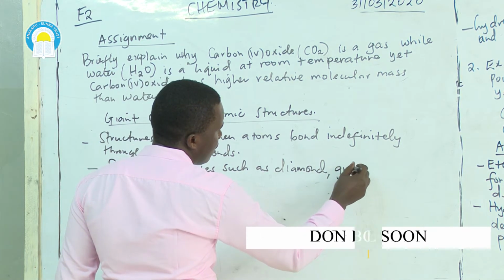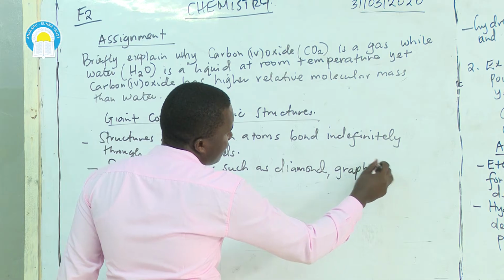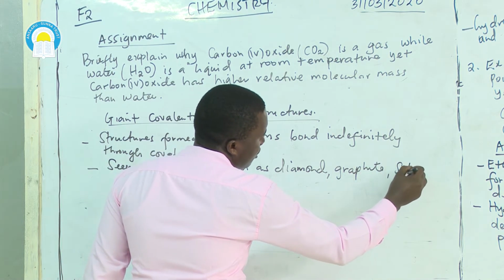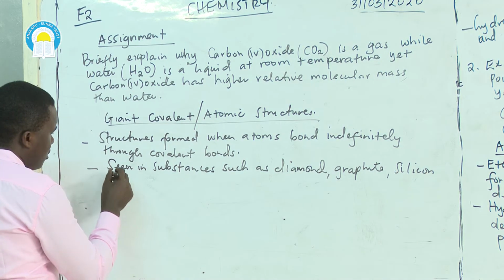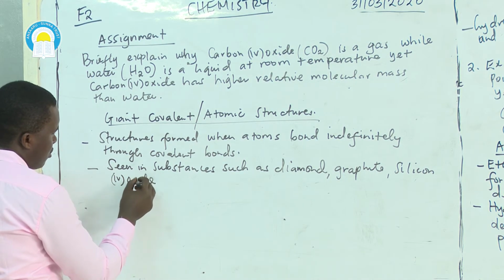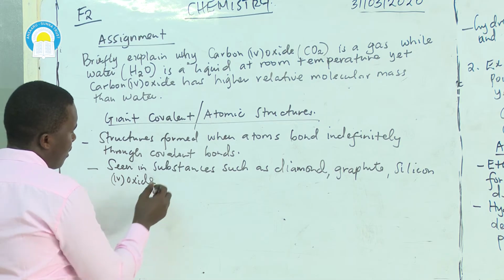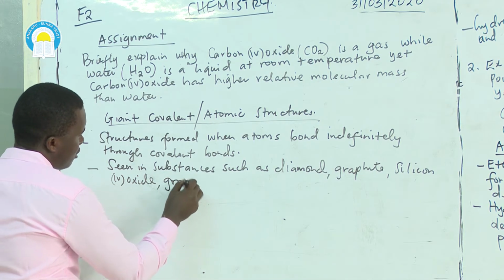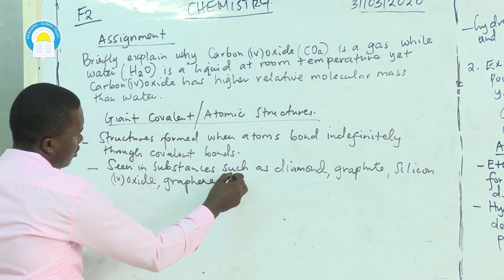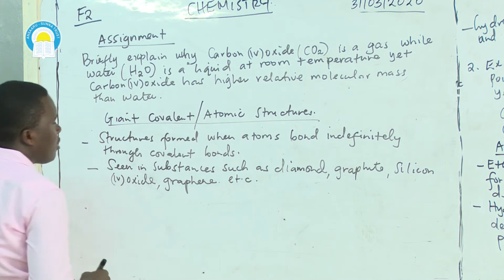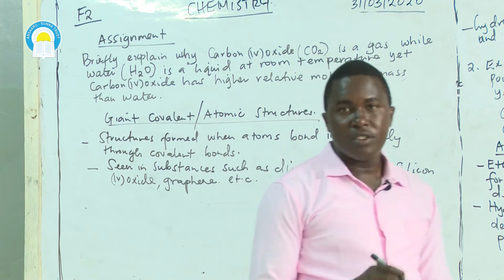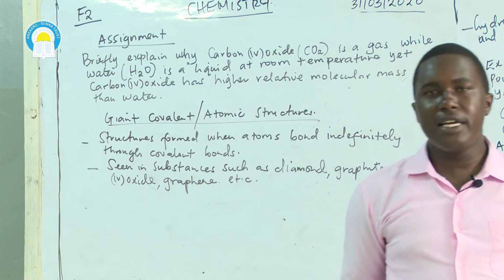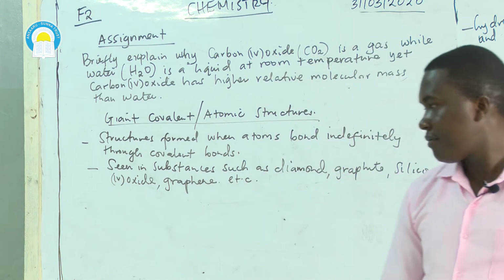Diamond, graphite, silicon dioxide, we have the graphene, etc. Some of the common giant covalent structures.